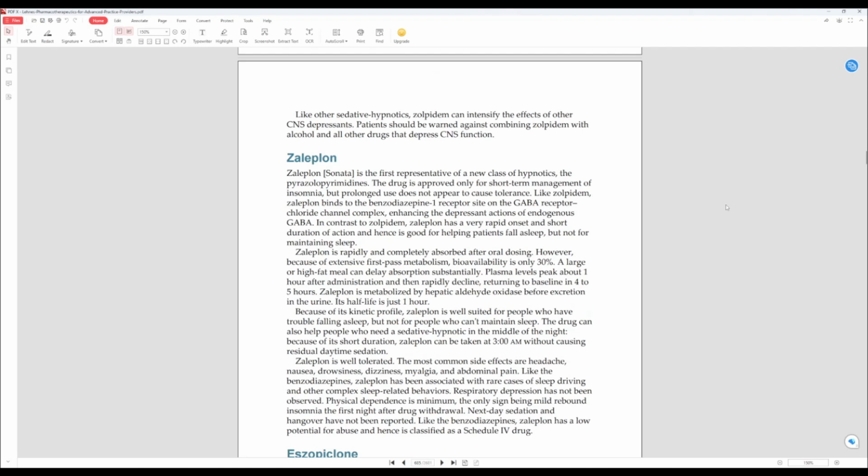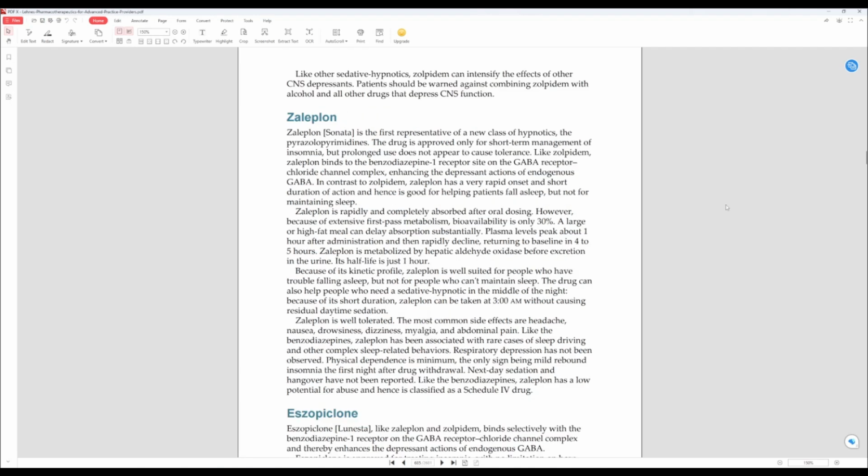Which brings us to Sonata, the first representative of a new class of hypnotic, the pyrazolopyrimidines. This drug is approved only for the short-term management of insomnia. However, prolonged use does not appear to cause any type of tolerance.